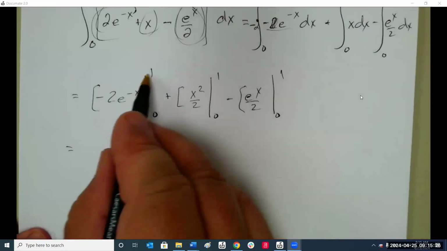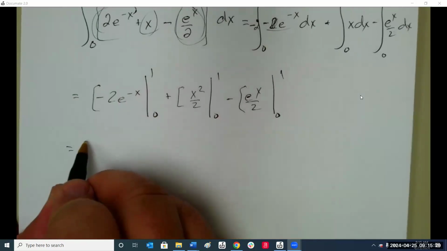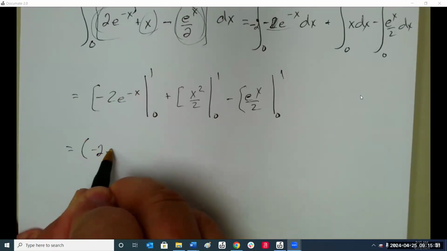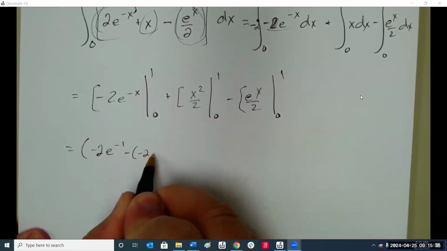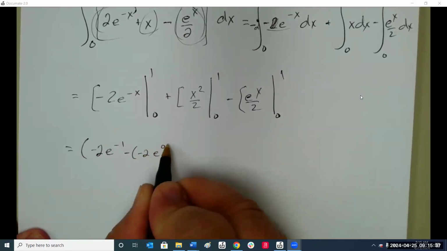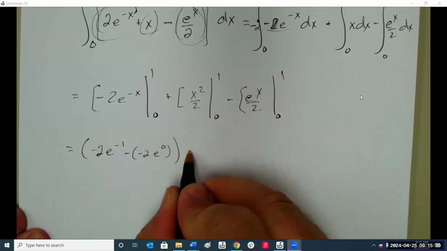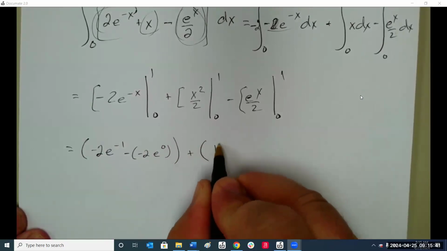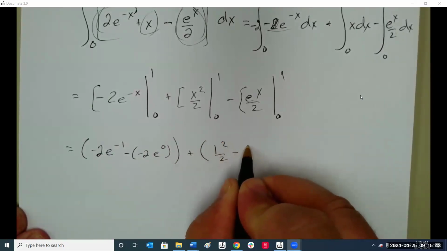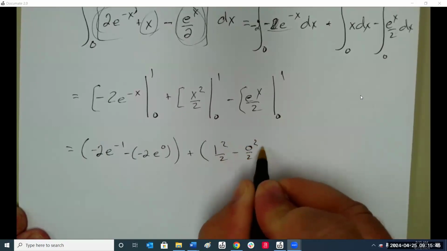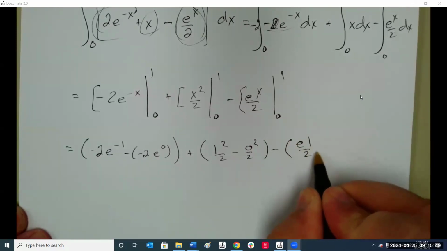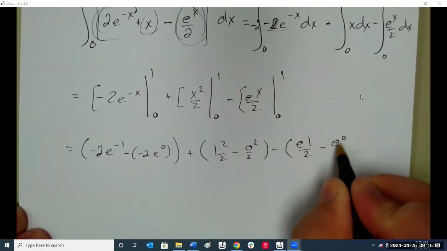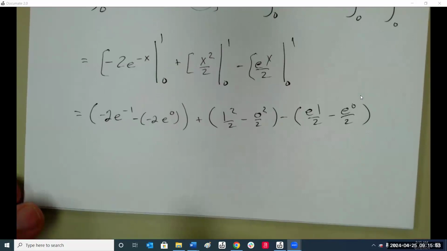Now we plug in 1, then subtract the 0. So we have negative 2 e to the negative 1 minus negative 2 e to the 0, plus 1 squared over 2 minus 0 squared over 2, minus e to the 1 over 2 minus e to the 0 over 2.